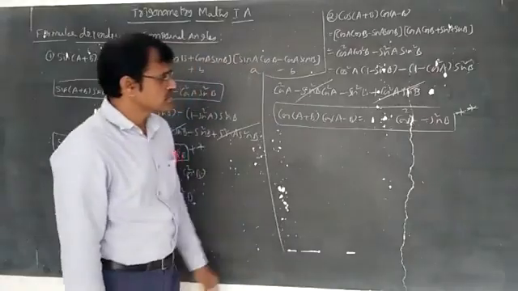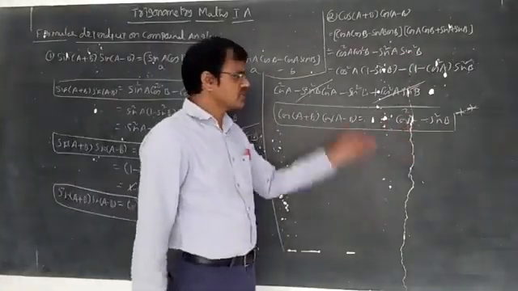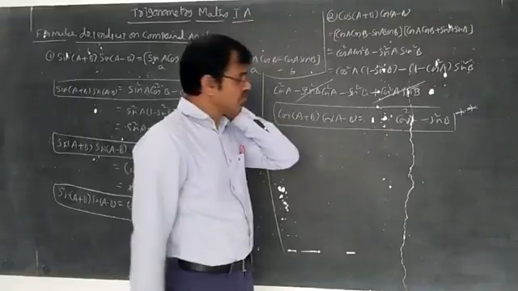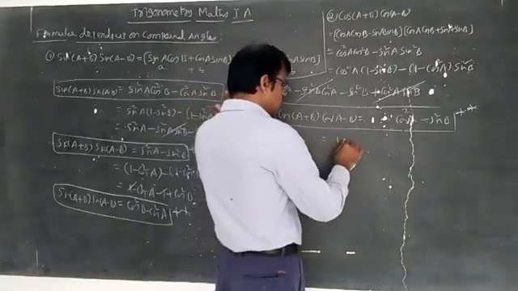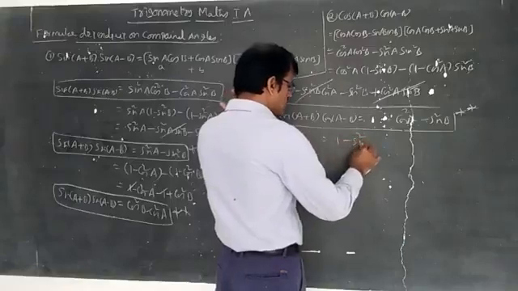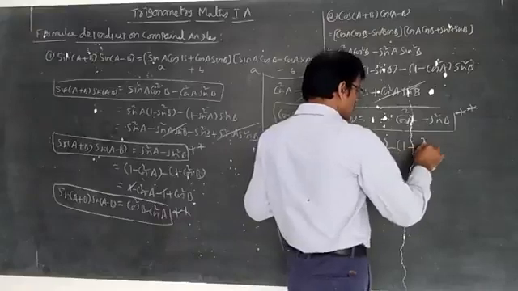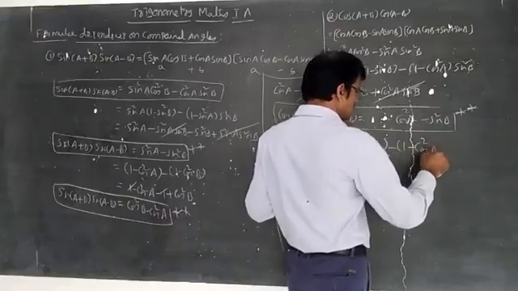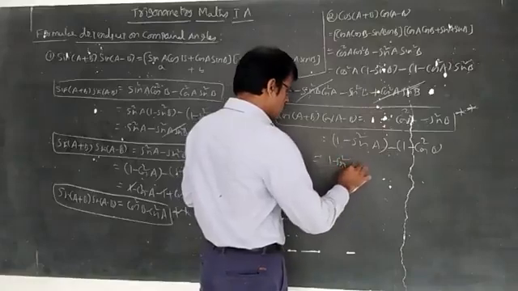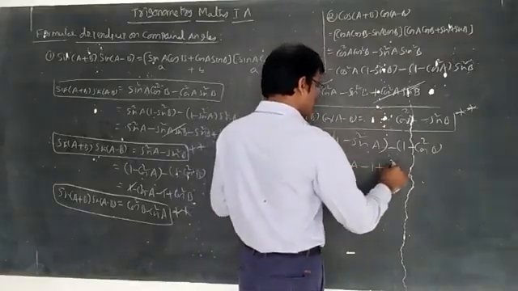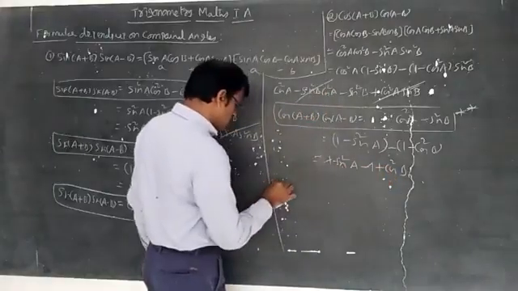And depending upon this one, let us write instead of cos square A, 1 minus sin square A, and instead of sin square B, 1 minus cos square B. Next one, I am writing instead of cos square A, 1 minus sin square A, bracket minus of 1 minus this is cos square B. So that is equal to 1 minus of sin square A minus 1 plus cos square B. 1 minus 1 get cancelled.